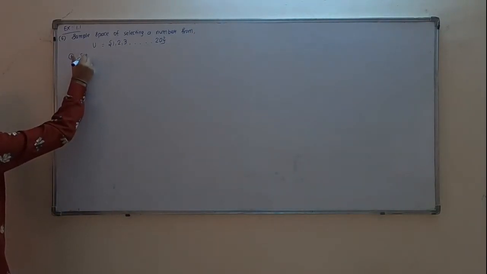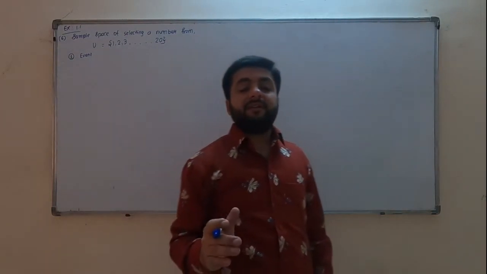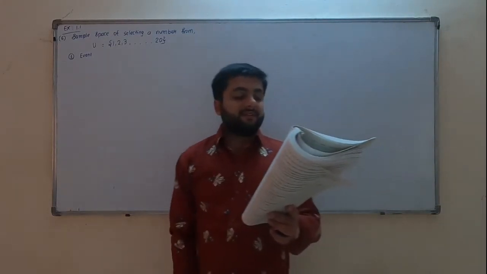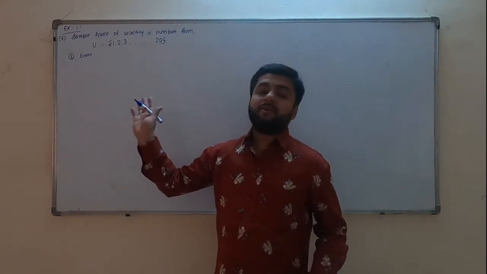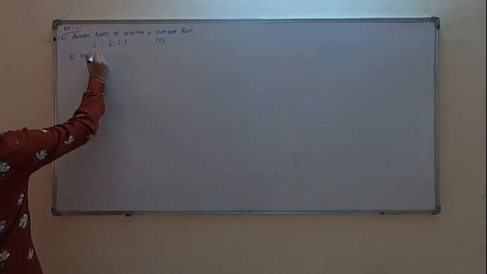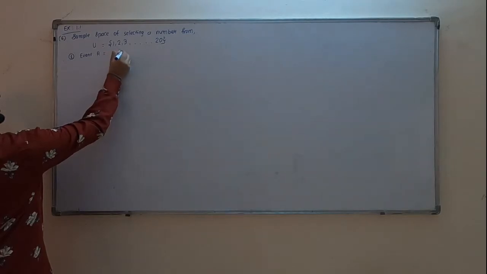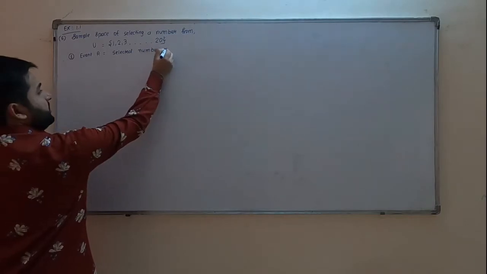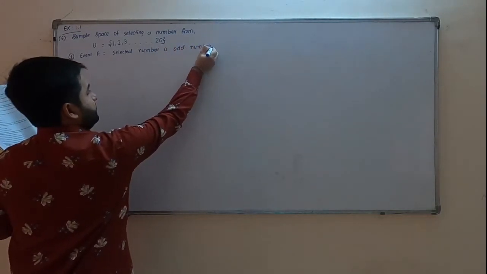Now, number 1. As we have discussed, different events are defined using A, B, C, D or A1, A2, A3. You can see in the 7th and 8th question events are directly defined. Event A1 is equal to, here they are not defined, so we will define it as A. The next event is B. Event A is equal to the selected number is an odd number.